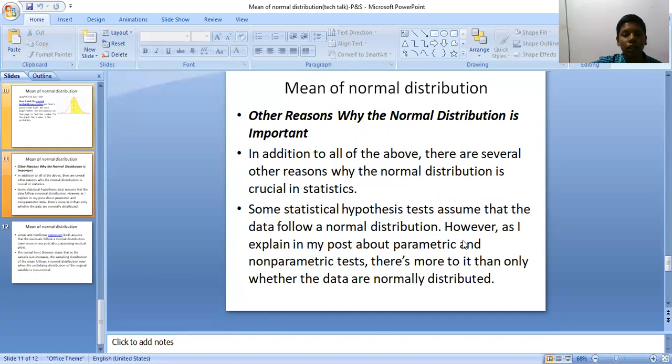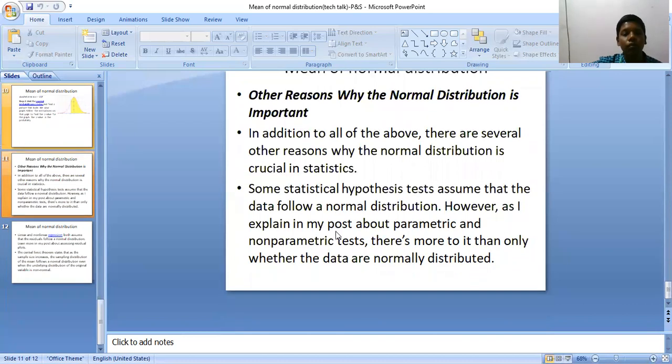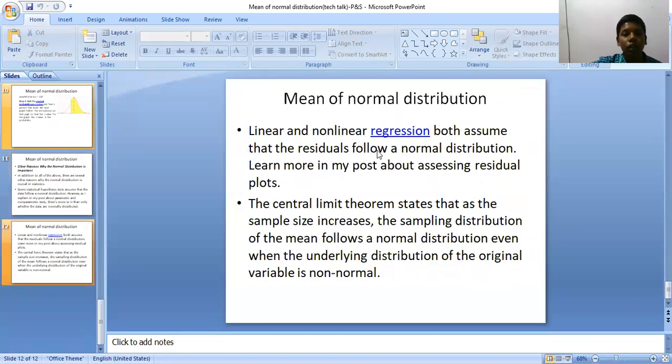However, as I explained in my post about parametric and non-parametric tests, there's more to it than only whether the data are normally distributed. Linear and non-linear regression both assume that the residuals follow a normal distribution. Learn more in my post about assessing residual plots.